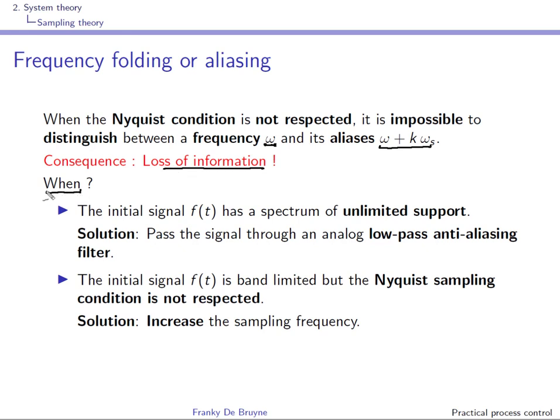When does this happen? For instance, if the original signal that is sampled is not band limited, it has a spectrum of unlimited support, and you'll have problems when you sample it, because the Nyquist condition can never be met. So what you have to do is use a low pass anti-aliasing filter. You'll have to use a filter that looks like this. This is omega and this is the amplitude Bode diagram.